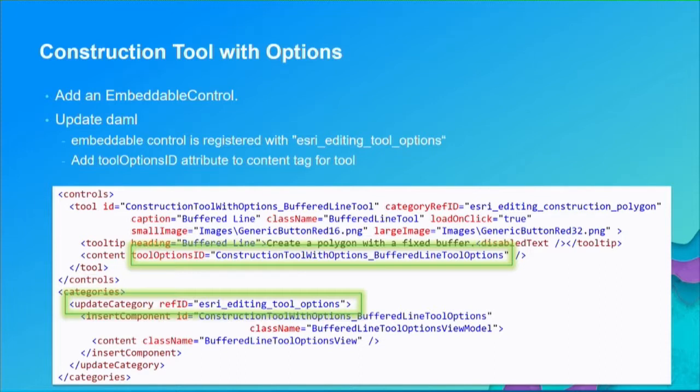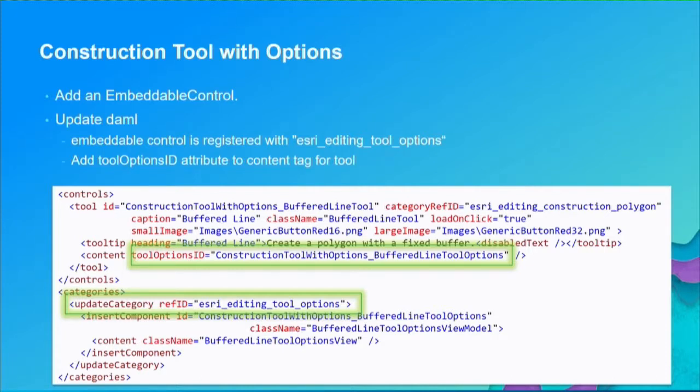So that came in at 2.0, sorry. We can also provide an additional options dialog as part of our creation tool. That is essentially an embeddable control that is being associated with our standard construction tool. If you look towards the bottom of the XML, we're updating the editing tool options, and we're inserting ourselves there as a component.